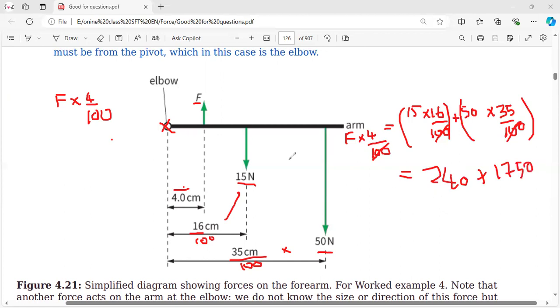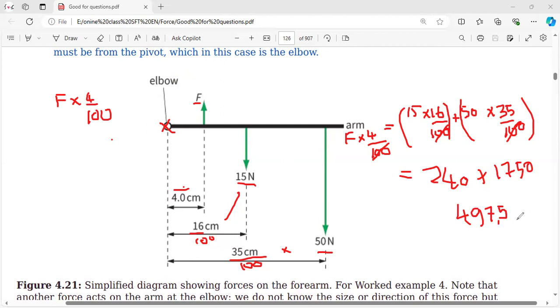And if you add these two together, 1750 plus 240, it is 1990, divided by 4. The answer is 497.5.